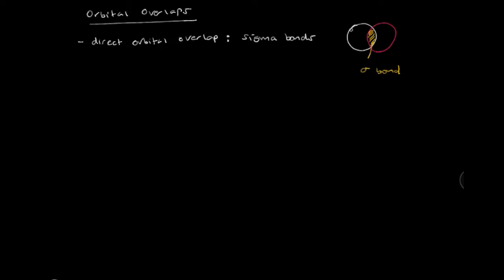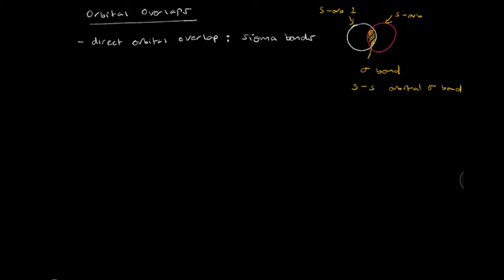So the sigma bond is basically a direct orbital to orbital overlap. Now, this is a sigma bond between two s orbitals, right? This is s orbital 1, this is s orbital 2. Sometimes you might commonly see this as an s to s orbital sigma bond.